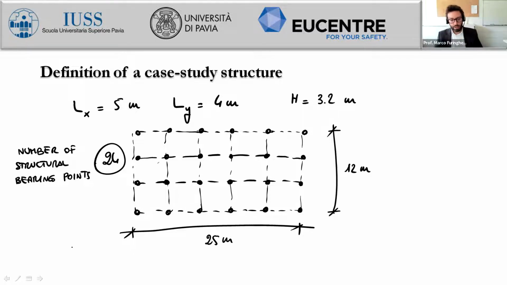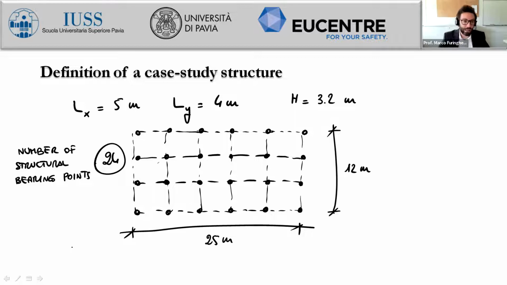This is helpful because we still have to define the interface between the superstructure and the isolation system. It could be just a general flooring system, but what is commonly done in practice is to consider a reinforced concrete slab.